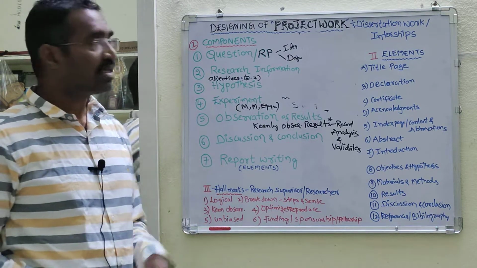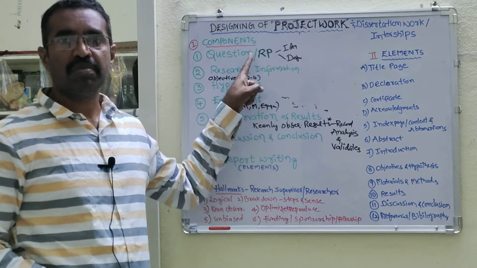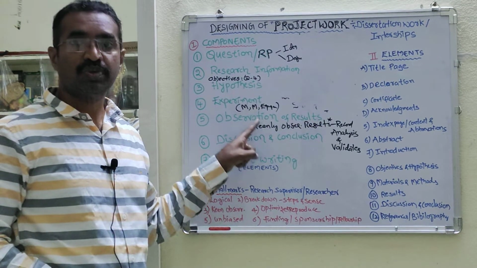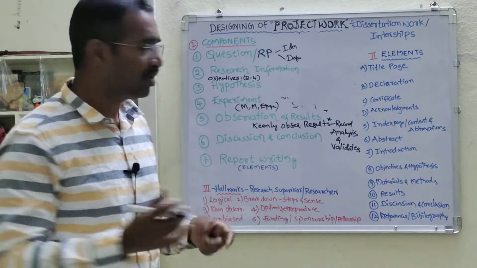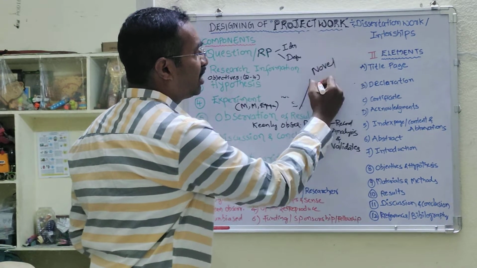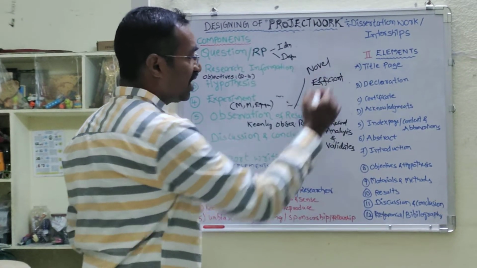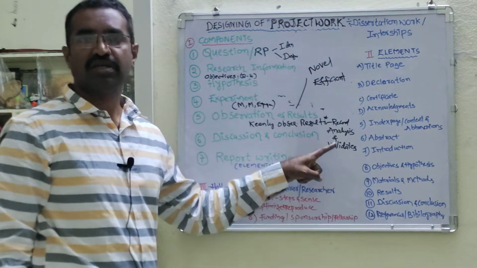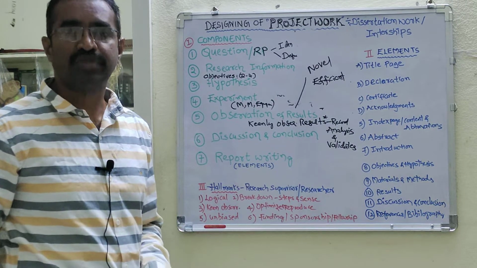As I told you, some others may also be working on this research problem, but your research problem should get results that are something novel or something efficient. So always your results should be either novel or efficient enough. For that, you have to record, analyze, evaluate, and validate your results from time to time.